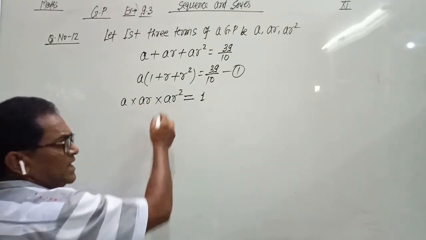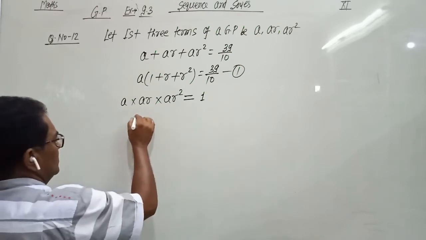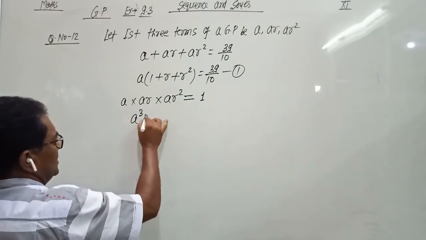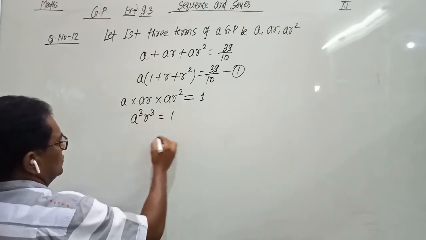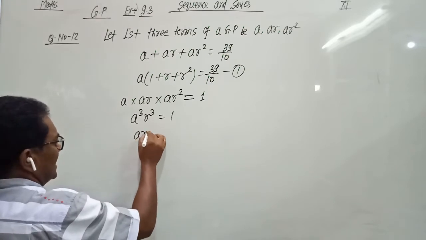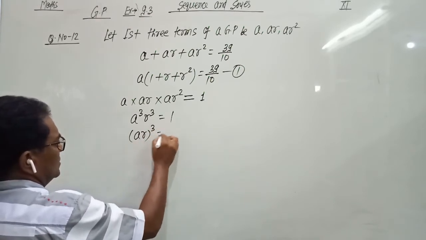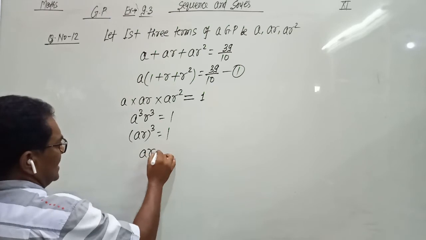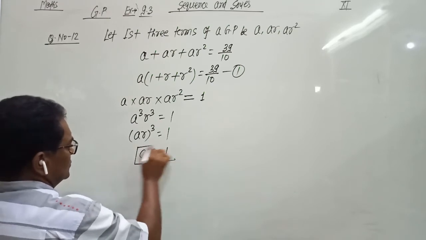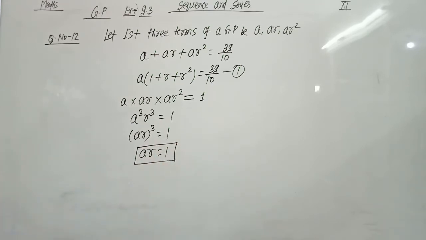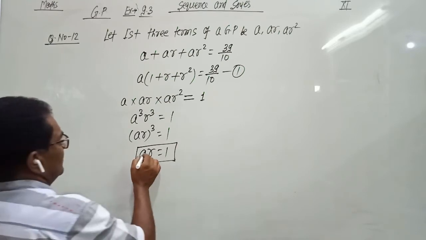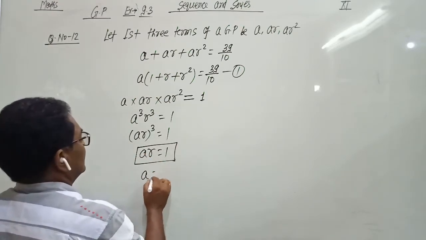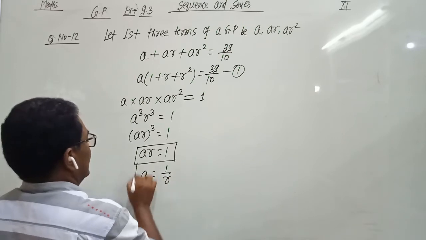So A into A cube, A cube into R cube equals 1, and AR the whole cube equals 1, so the value of AR is 1. We find the value of A: A equals 1 by R.